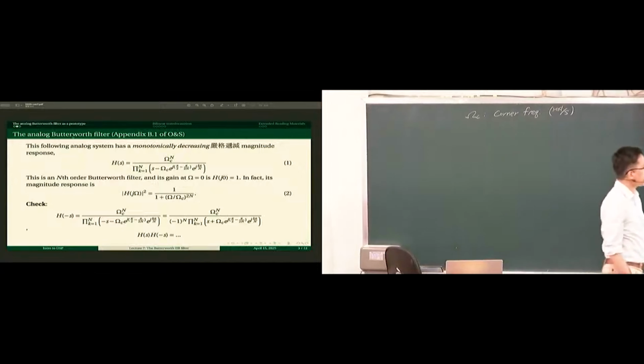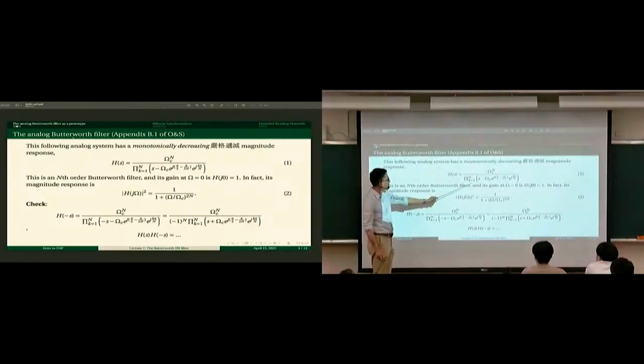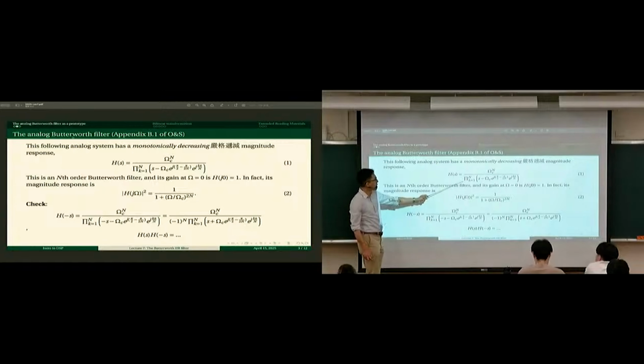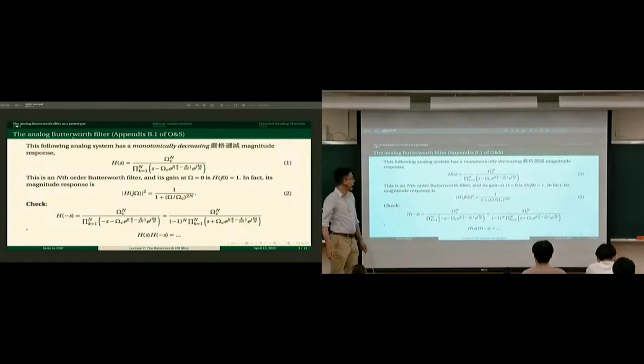That's on top. At the bottom, we have a factorization, which goes as this product, from 1 to big N, with big N being the order of the filter.